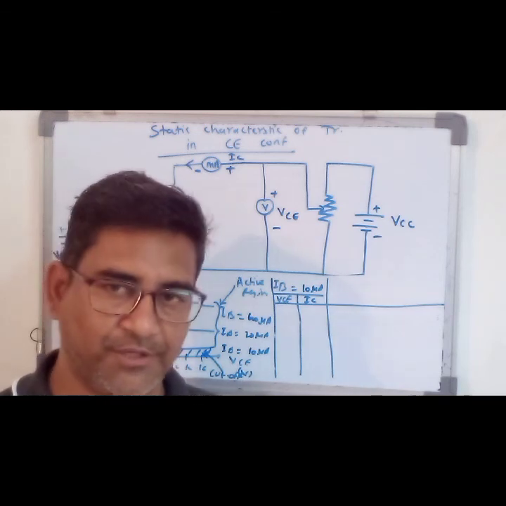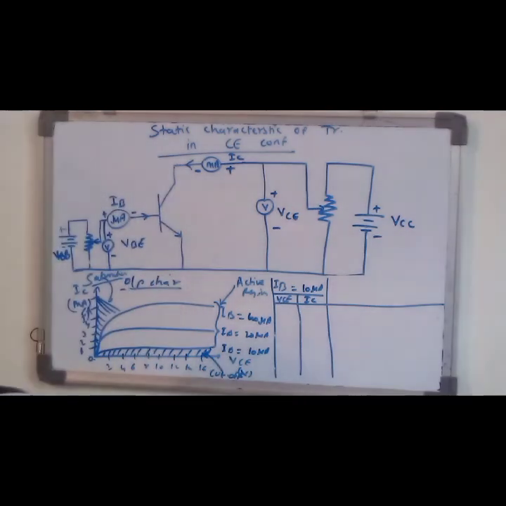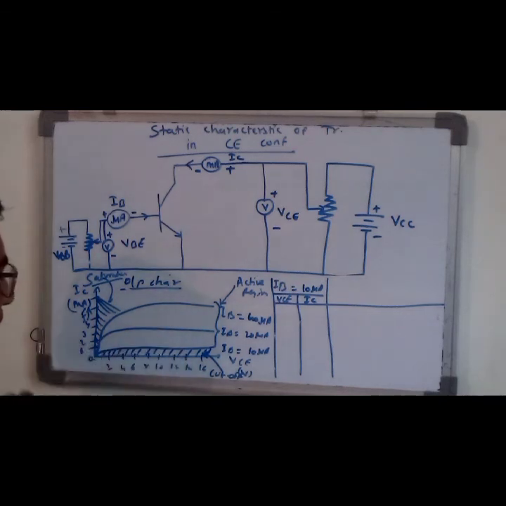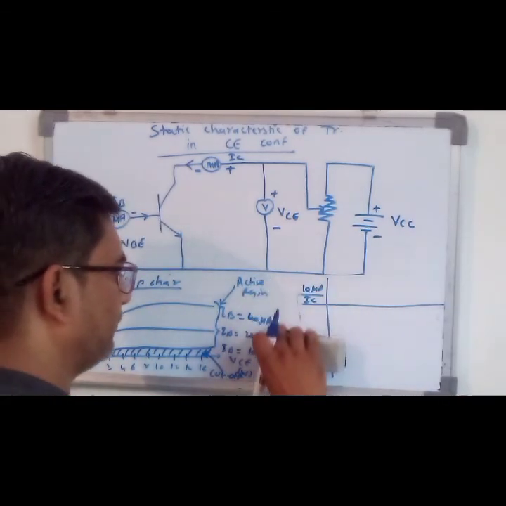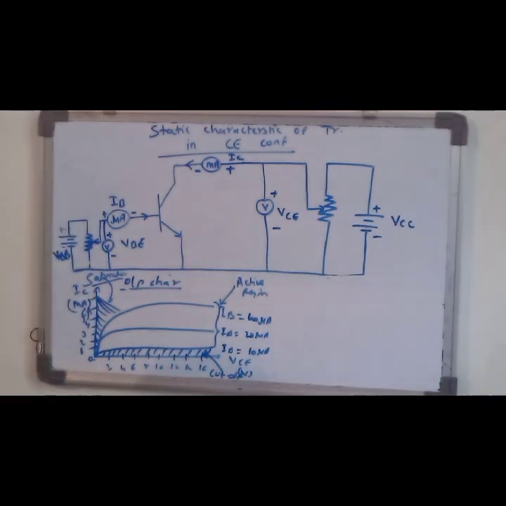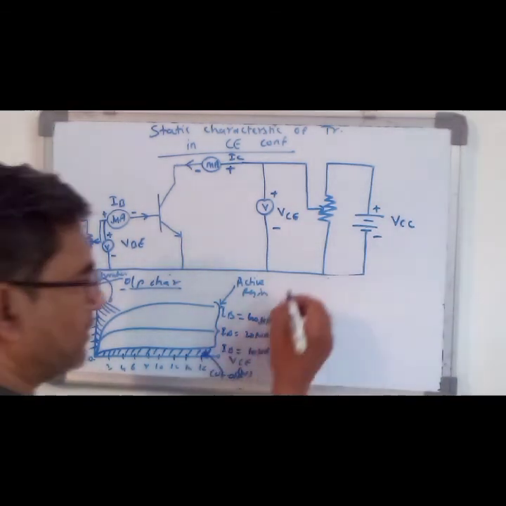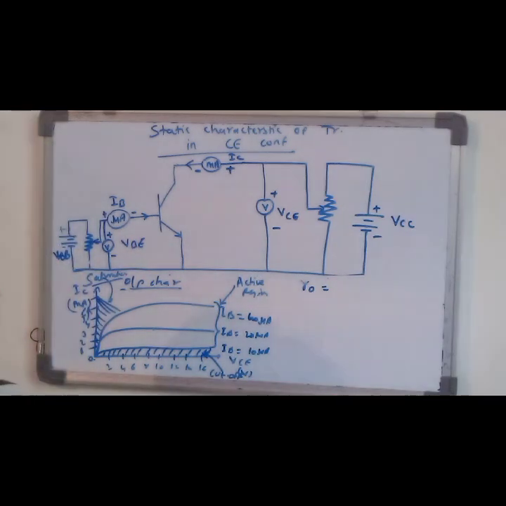We have the input resistance. For calculating the dynamic output resistance, mark any one point here and draw a line. You will get the output resistance, that is RO, according to the formula.